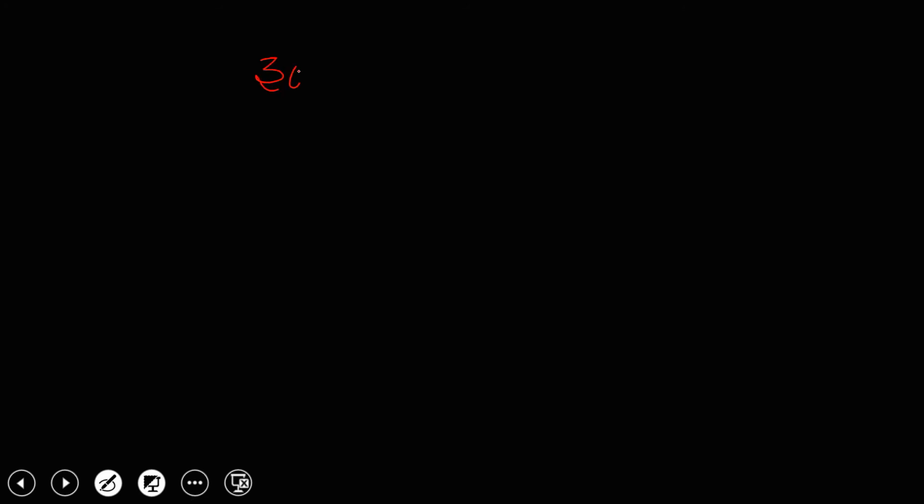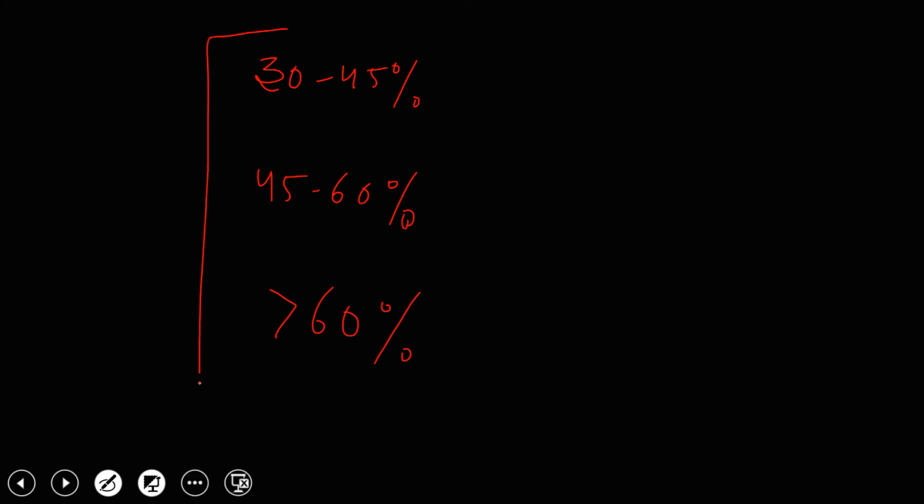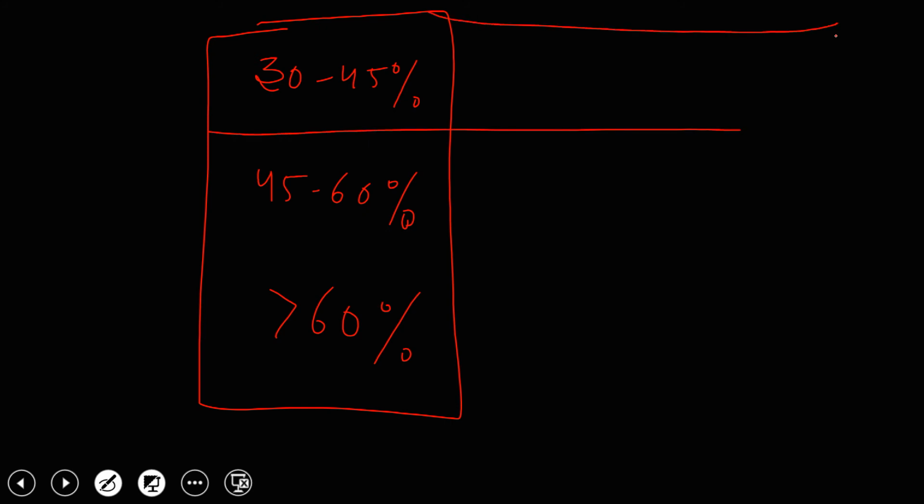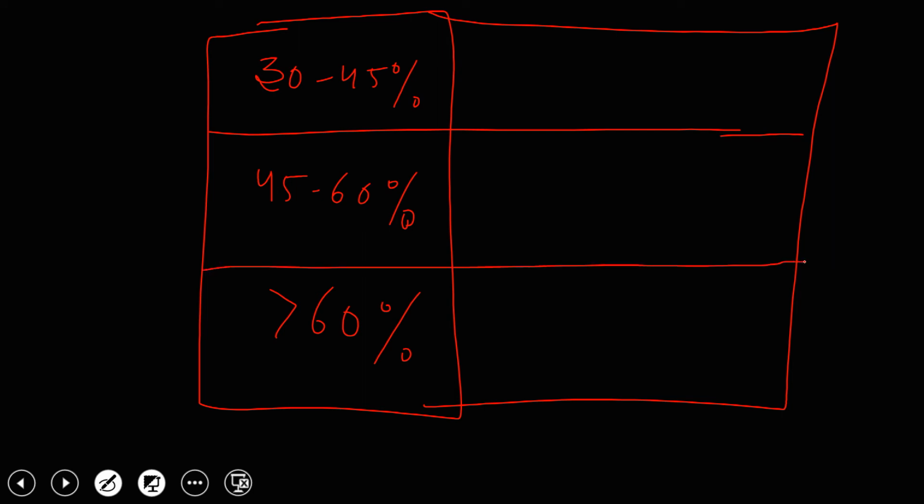See, if the rainfall deficiency lies between 30 to 45%, or if it lies between 45 to 60%, or if the rainfall deficiency is greater than 60%, depending upon these ranges, one can define how serious or what is the intensity of deficiency.